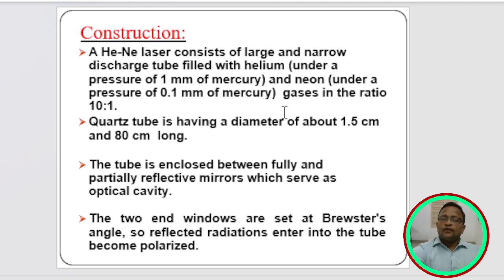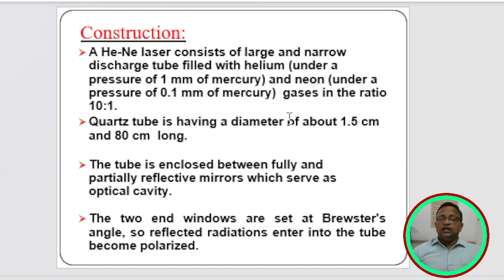The discharge tube is filled with helium gas at a pressure of 1 mm of mercury, and neon gas is filled inside the tube at a pressure of 0.1 mm of mercury.